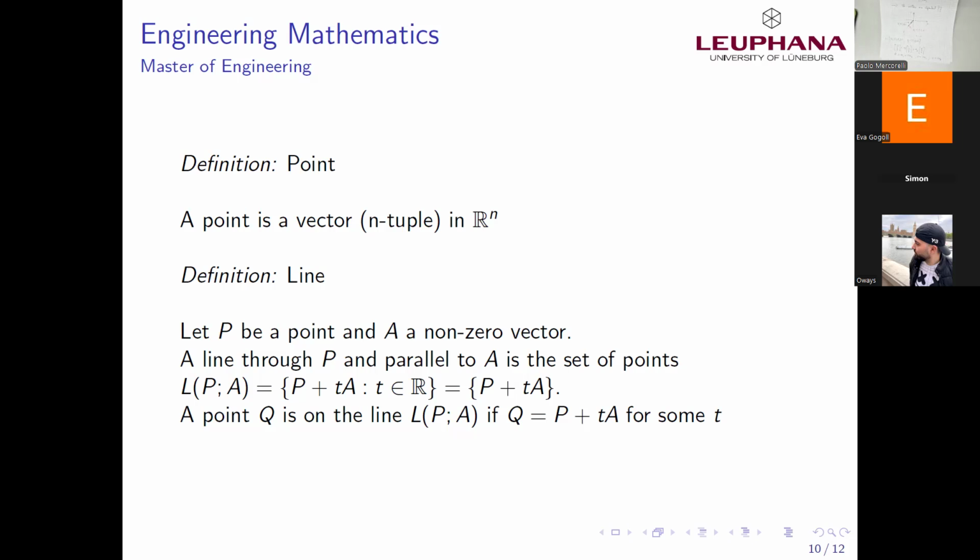This means here in this definition, we have a point, which is a vector. We have another vector, but used as a direction. It could be opposite, could be parallel, because T belongs to R, positive or negative.